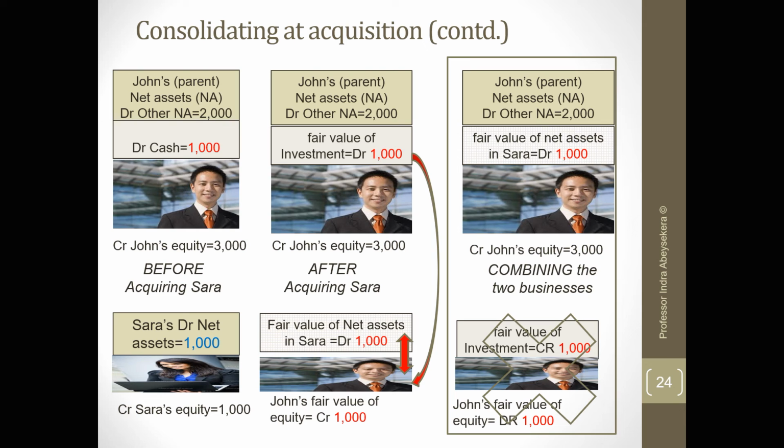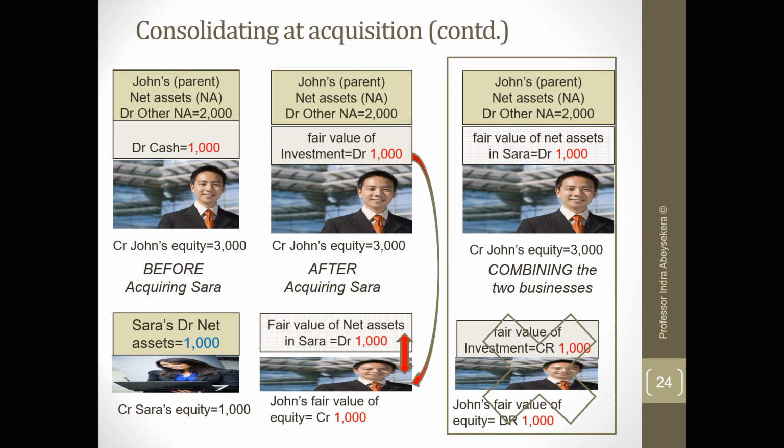John wants to acquire Sarah's company, so pays Sarah for the share ownership, and John becomes the owner of Sarah's company. So effectively, by investing and owning the shares, what John has done is acquiring the net assets of Sarah's company.